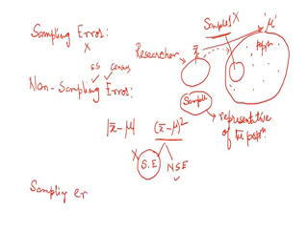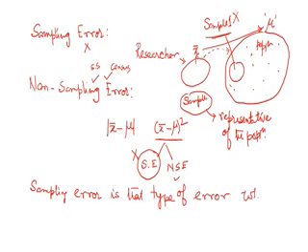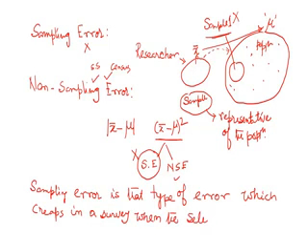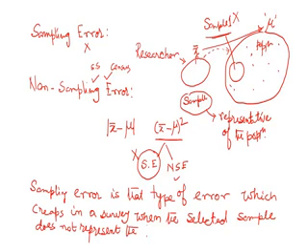So sampling error, we can write it in this way: sampling error is that type of error which creeps in a survey when the selected sample does not represent the population characteristics properly.